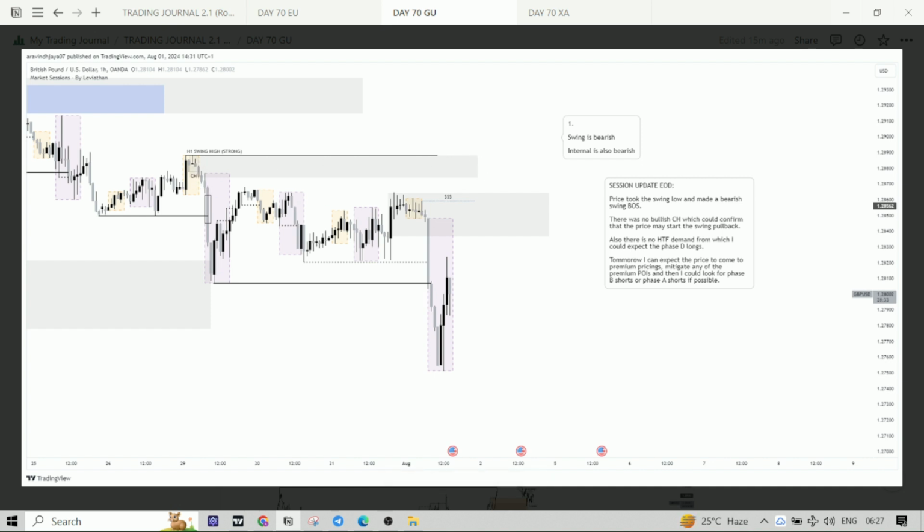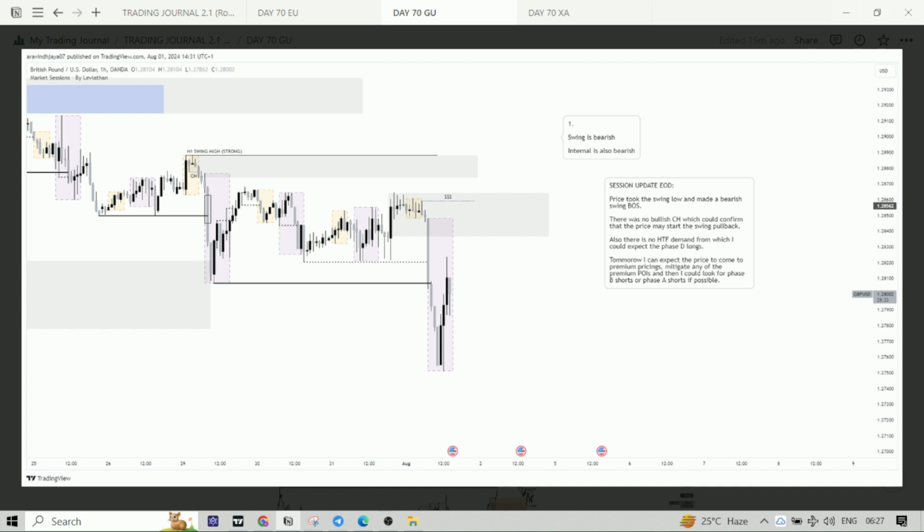If the price reaches here and then makes a medium time frame order flow shift, that is a very high probability setup without any risk factors. But if there is a bearish chalk here, then it's valid to take shorts, but there are some risk factors that will be running in the back of my mind.